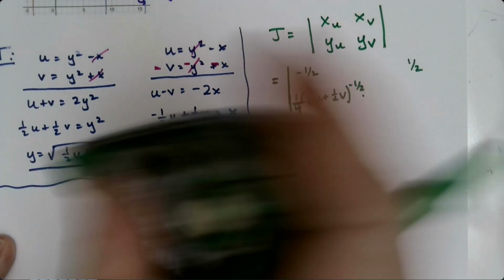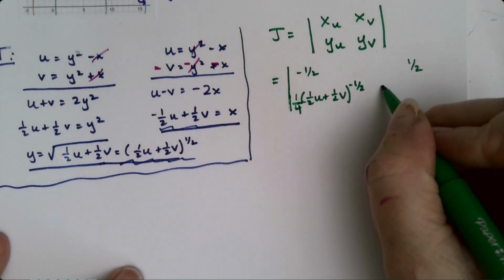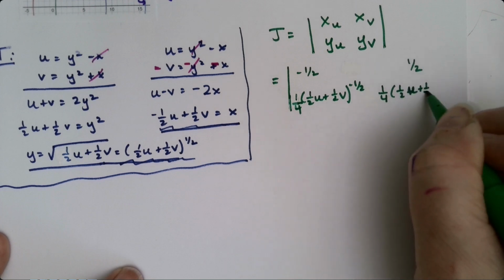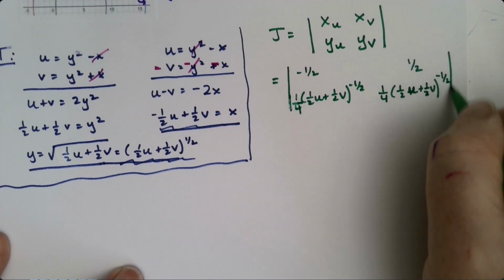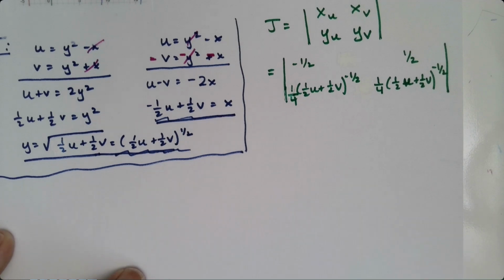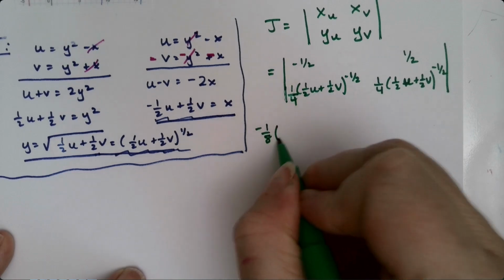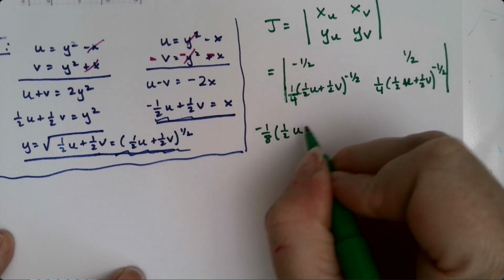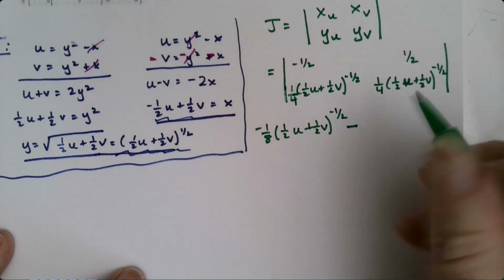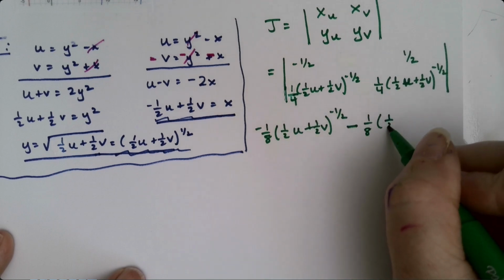Because the next one's basically the same thing. In fact, it's exactly the same thing. So 1/4 times 1/2 u plus 1/2 v to the negative 1/2. And then we get to multiply. So negative 1/2 times this would be negative 1/8 times 1/2 u plus 1/2 v to the negative 1/2 power minus, and then another 1/8, because a half times a fourth is an eighth, same thing.